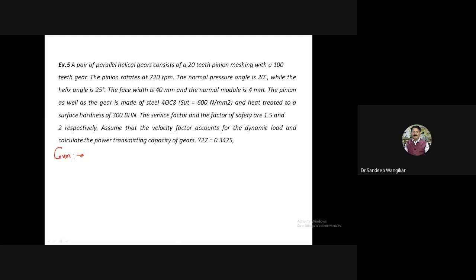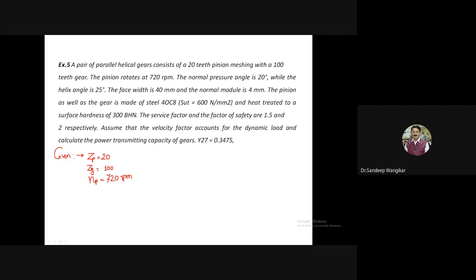A pair of parallel helical gear consists of 20 teeth pinion meshing with a 100 teeth gear. So here ZP is equal to 20, actual number of teeth. ZG is equal to 100, number of teeth on gear. The pinion rotates at 720 RPM, NP is equal to 720 RPM.